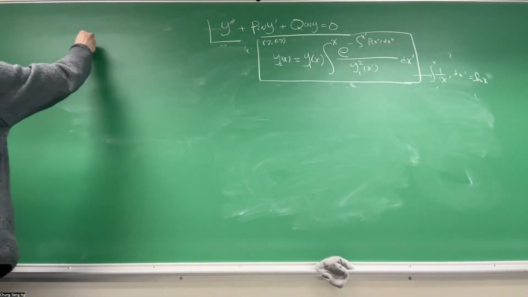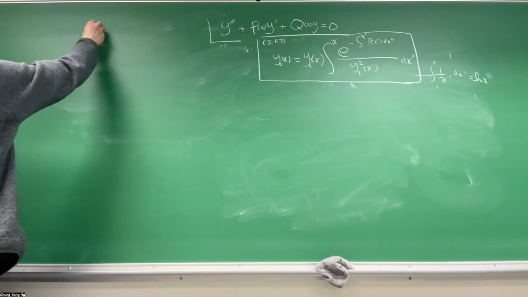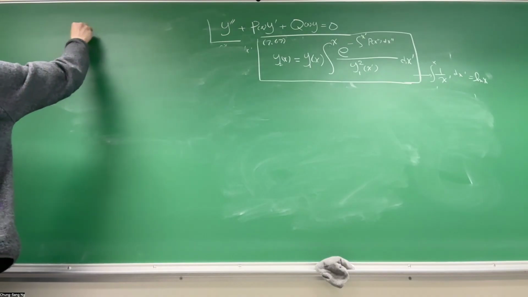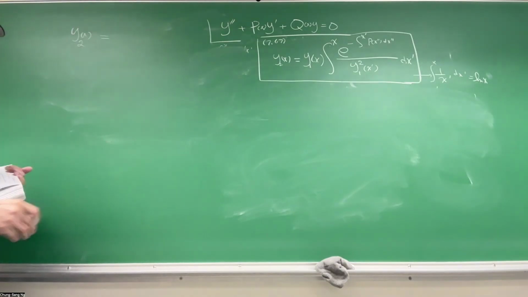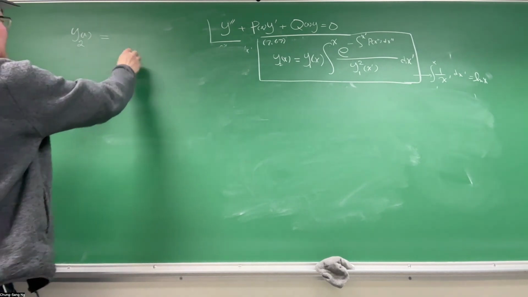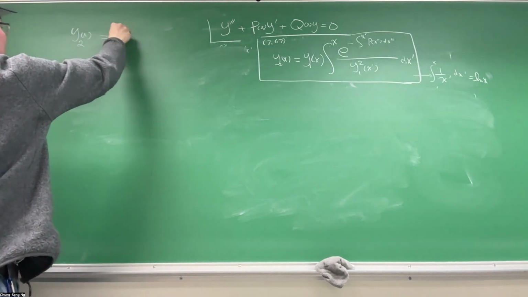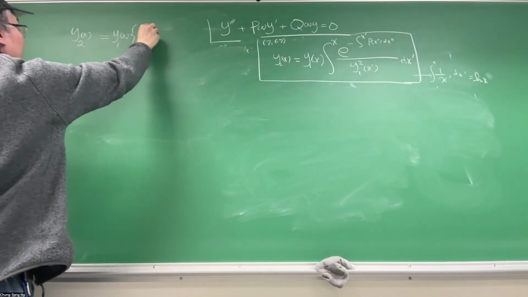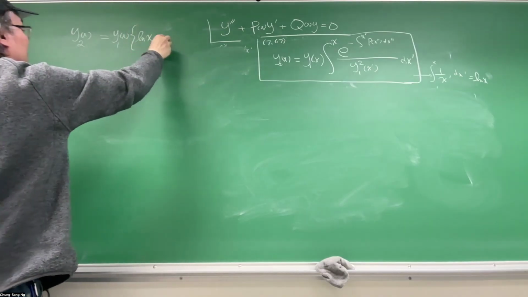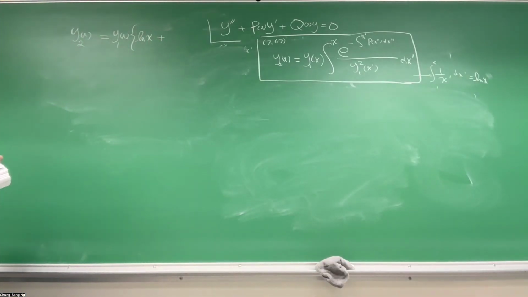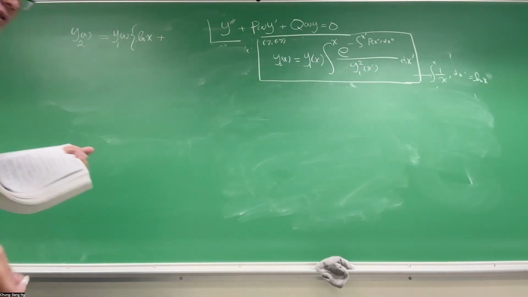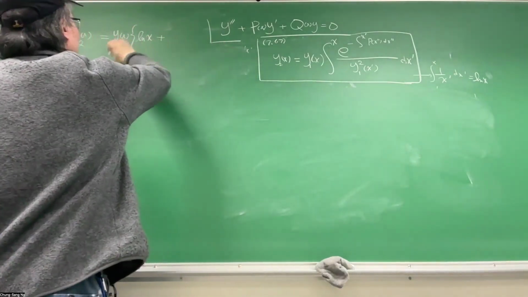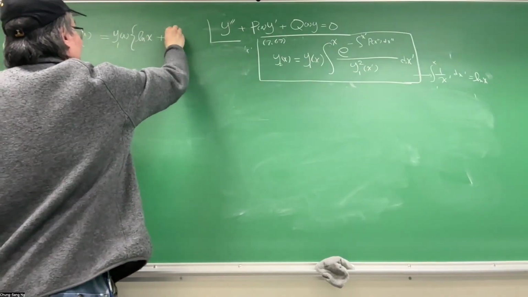Say we already have a y sub 1. We want to have y sub 2 of x. That is generally proportional to y sub 1 of x times a log x term, plus another term that most likely is a power series of x. Let's give it another name, w.